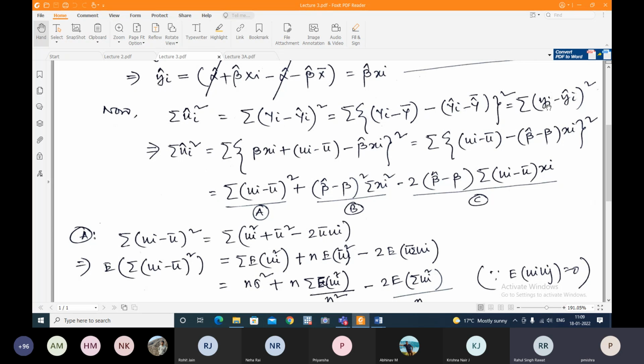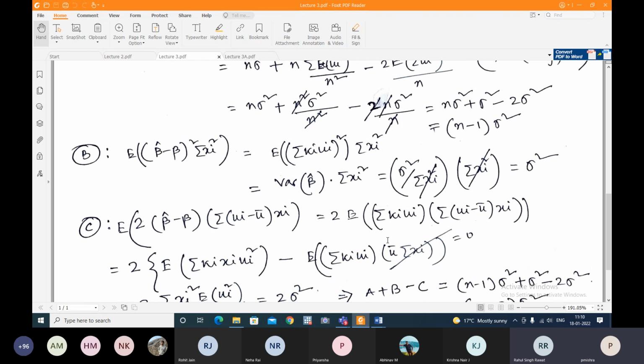So small yi minus small y hat i we can write like this, and then square it. Suppose this is A and this is B. So this is A minus B whole square, summation. So summation of A square, summation of B square, minus summation of 2AB. And for every component, we have derived it separately.